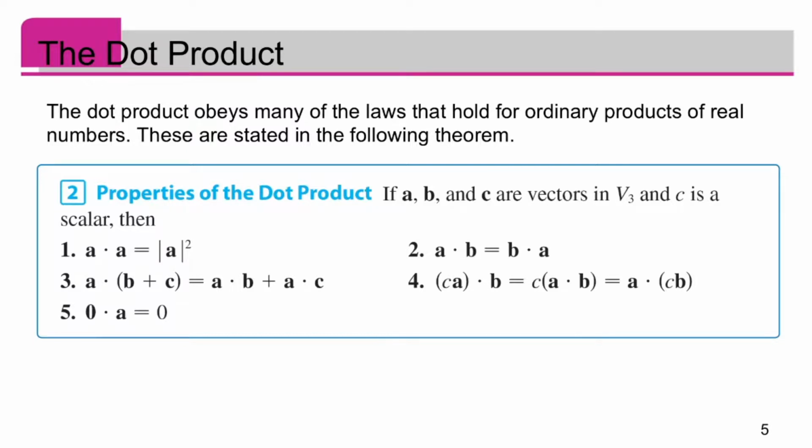We have some properties of the dot product. These are useful at times, so let me highlight some of them. If you take the dot product of a vector with itself, you get the magnitude of that vector squared. The dot product is distributive with addition, so the dot product of a with b plus c is the same as a dotted with b plus a dotted with c. The zero vector dotted with anything is 0. That kind of makes sense.